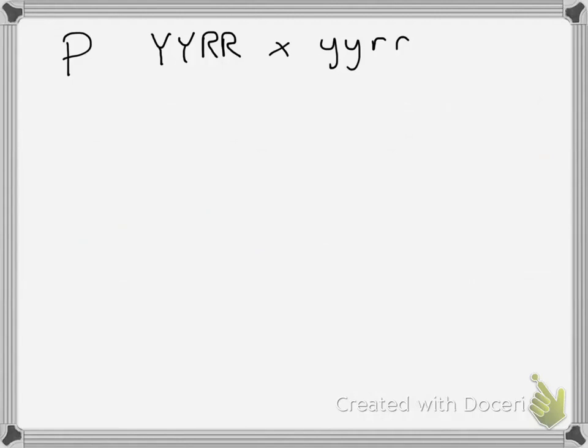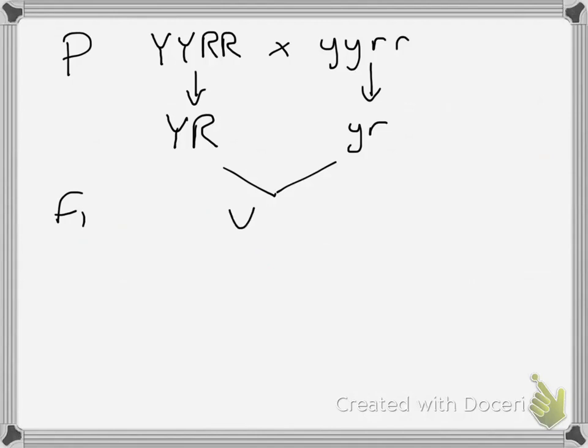Each of these can only generate one type of gamete. So we get one big Y, big R, and over here you can only get little y, little r. We combine those together and that will give us our F1, which is big Y, little y, big R, little r. This is our dihybrid.